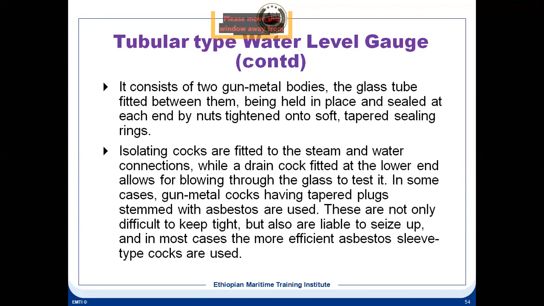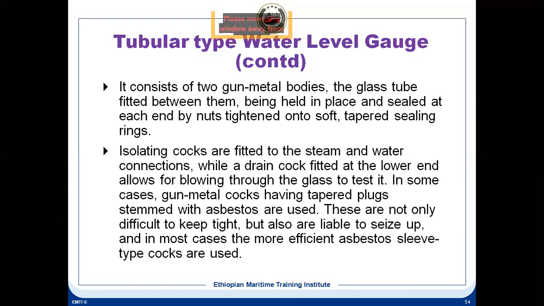It basically consists of two gunmetal bodies, the glass tube fitted between them being held in place and sealed on each side by nuts tightened into soft tapered sealing rings. So basically, inside the frame, the glass tube is fitted, and then it is tightened.